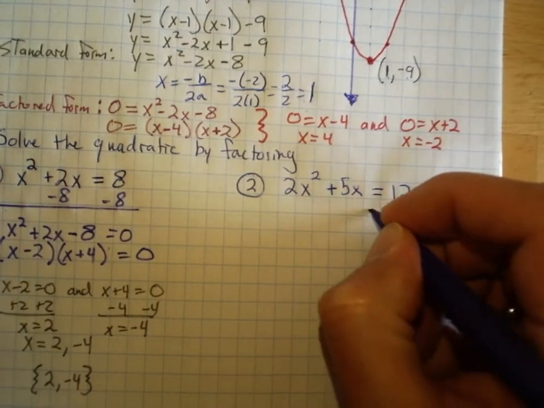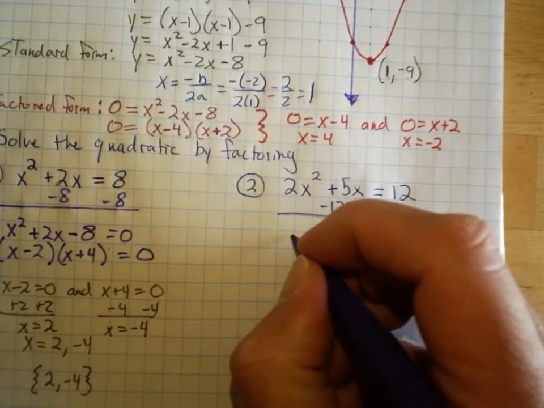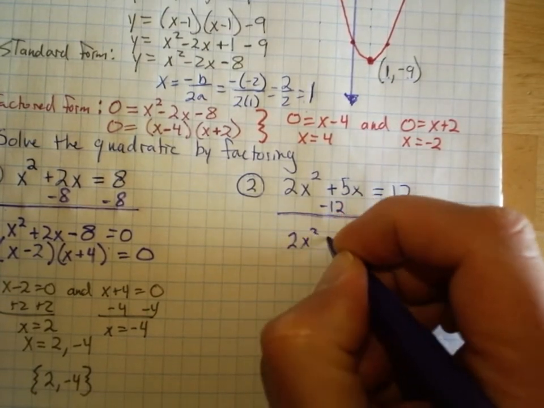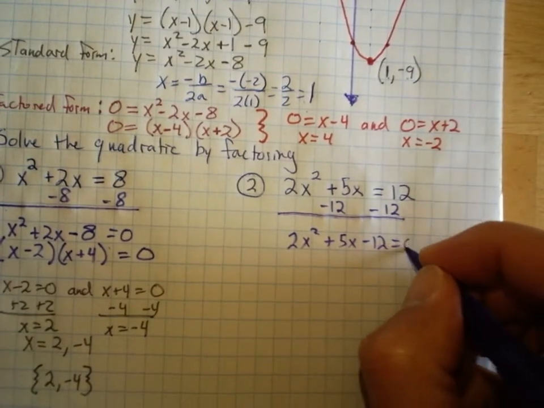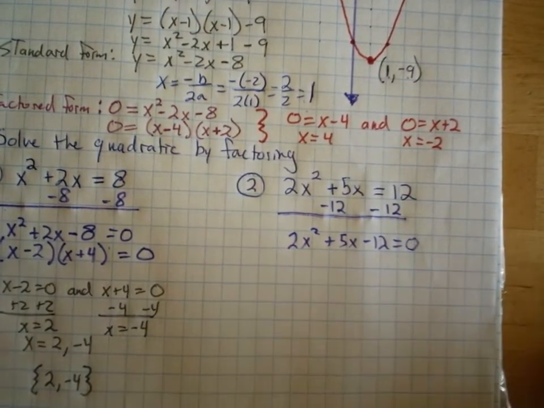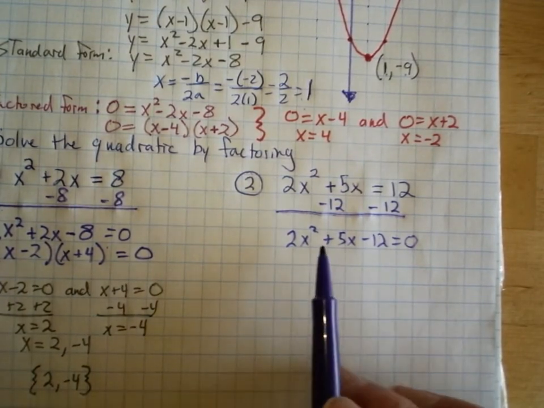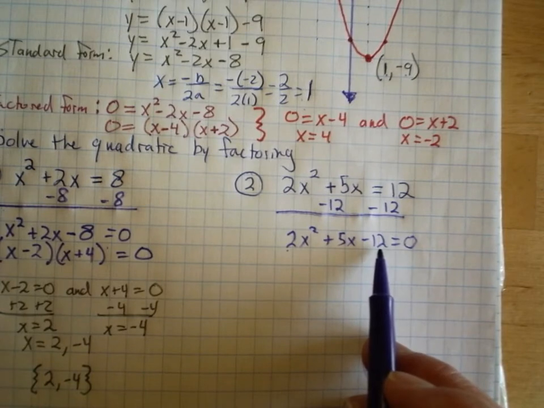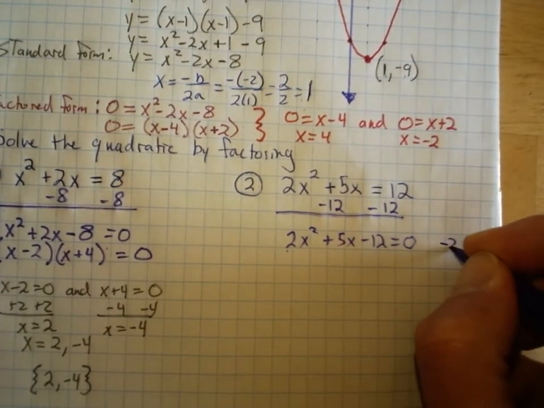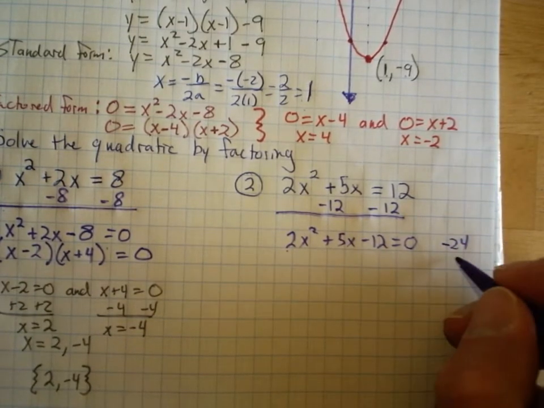Again, it's set equal to 12. I'm going to have to subtract 12 on both sides. So then you're going to get 2x squared plus 5x minus 12 equals 0. And there's a couple ways to go about doing this one. The one that we had talked about was you take the 2 times the -12, which is -24, and I want factors of -24 that add to 5.